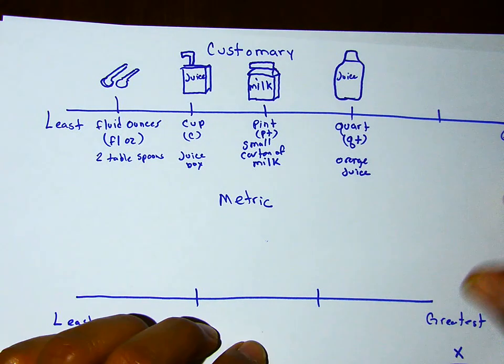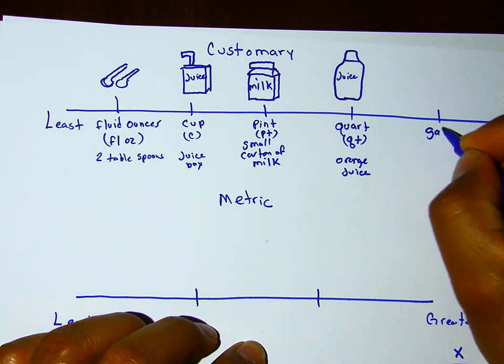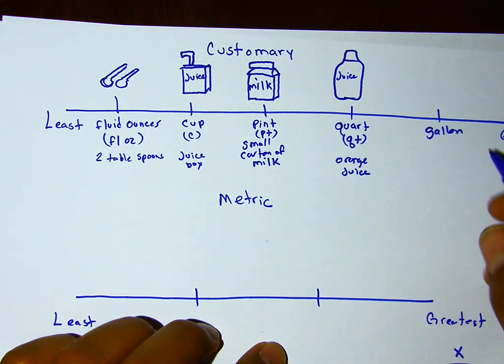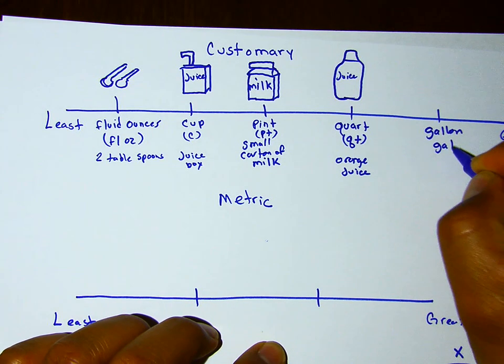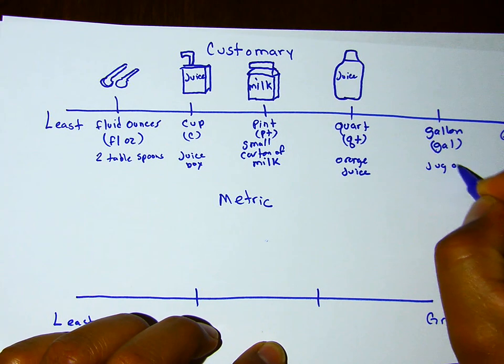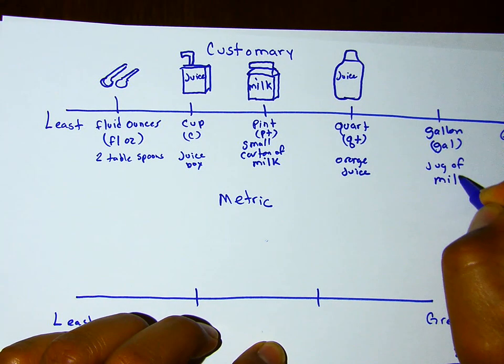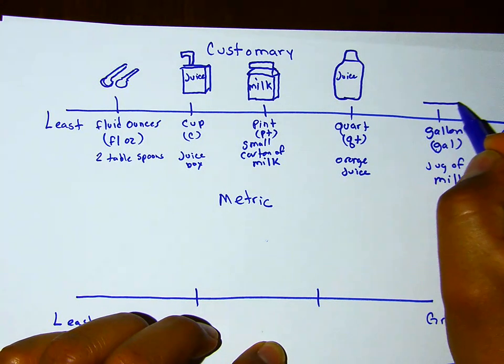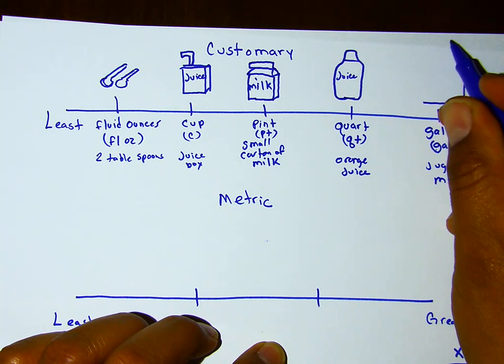And then the last one would be a gallon. And we abbreviate it. This would be like a jug of milk. So like a gallon of milk.